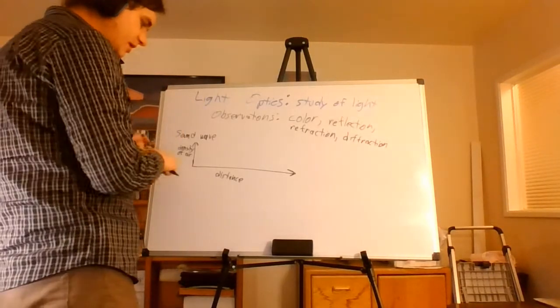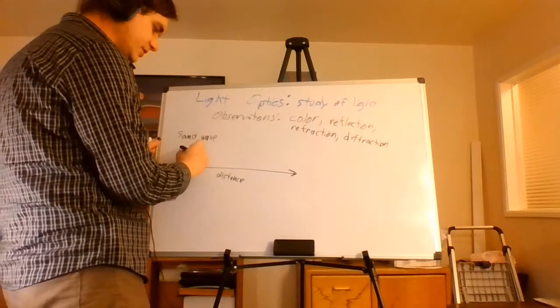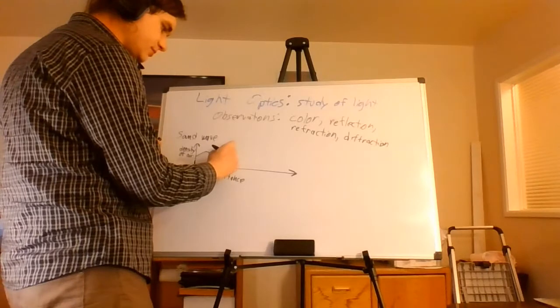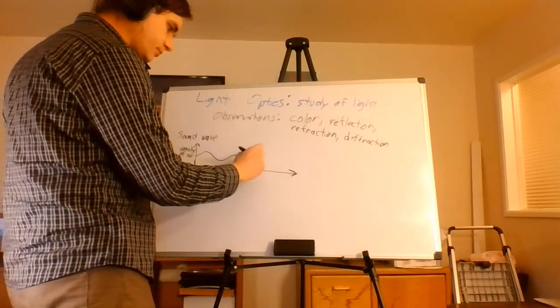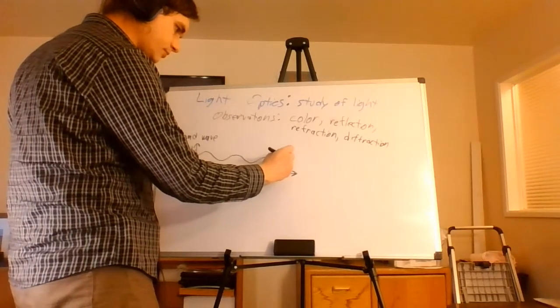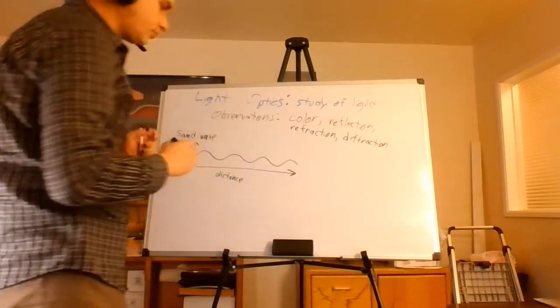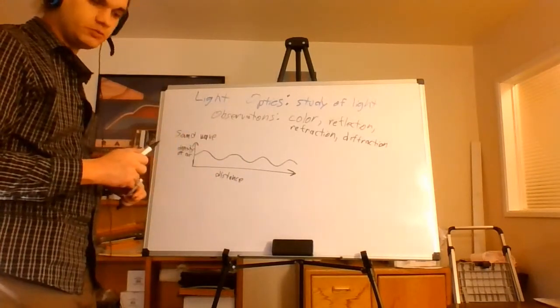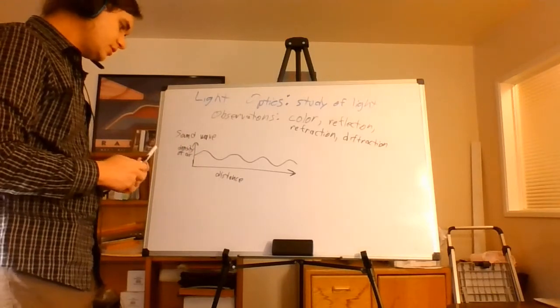So if you make a graph of the density of air versus the distance, what you end up with is something like this. This is what we call a sinusoidal wave.